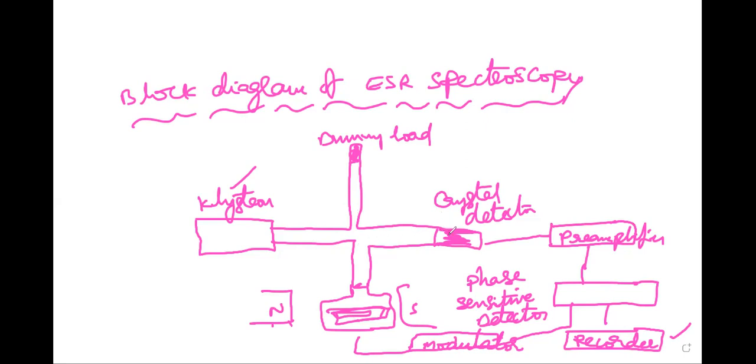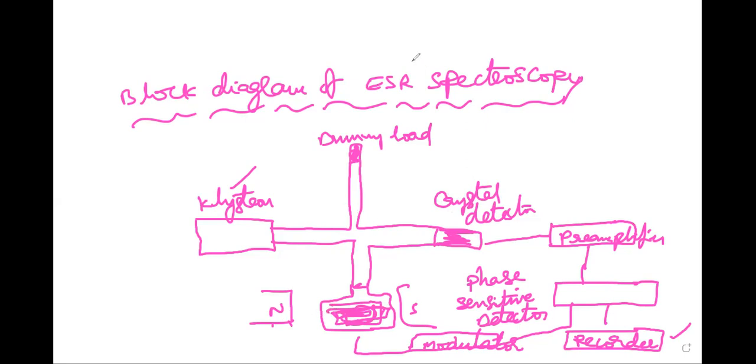The rectangular microwave cavity contains the sample. The sample is kept in between the pole pieces of the electromagnet. So this is the sample cavity, placed in between the electromagnets.